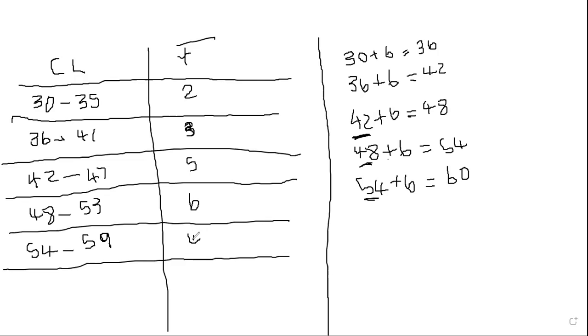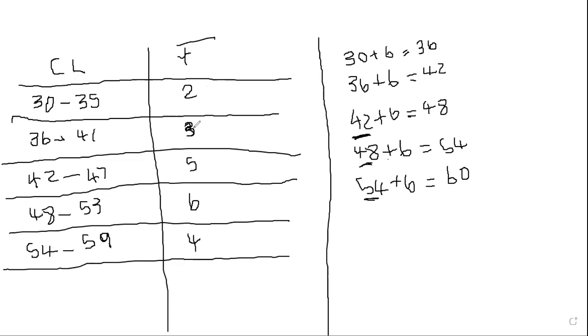Okay, so remember, our sample space or the total number of observations equals 20. So at the end, we must confirm that our frequencies, when we sum them up, make 20.